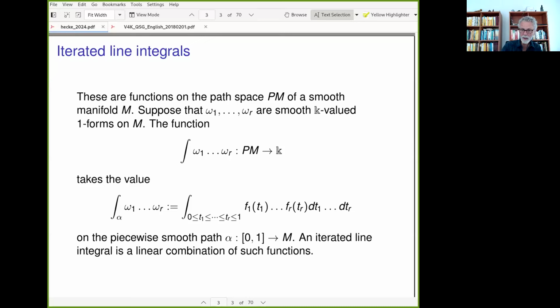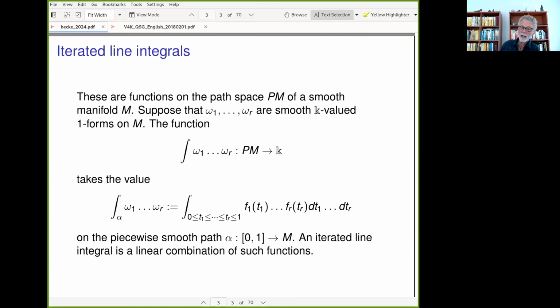So an iterated integral defines a map from the space of piecewise smooth paths on a manifold into the field K. Here K could be the real numbers, the complex numbers, or the values could be vector valued, or take values in some algebra, like a tensor algebra.